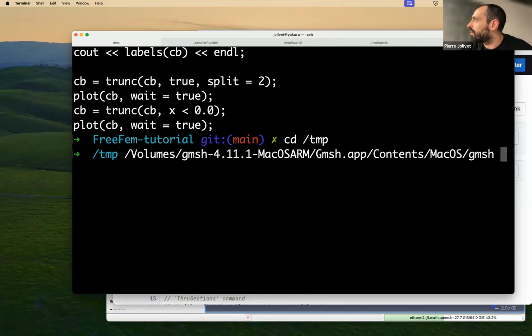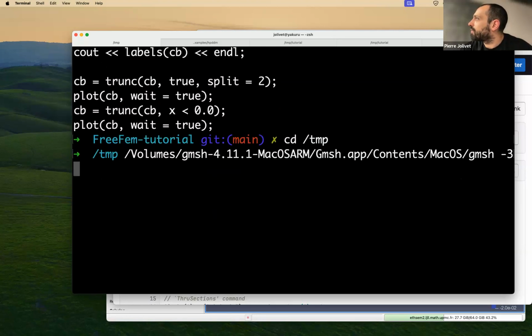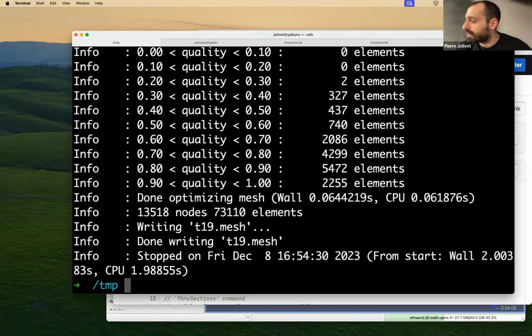Content, macOS, yes. So the command is -3. Then the geo, I have no idea where I put the geo. I think it's in download, t19.geo and then t19.mesh. Download, yes. Okay.